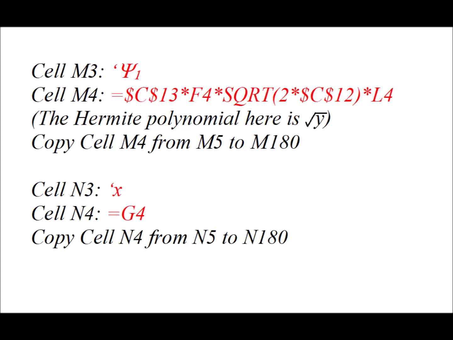Again, as you'll notice, we keep repeating this. In cell N3, again, we have the label X, and cell N4 is the formula equals G4, and then we copy these values from N4 to N5 to N180.